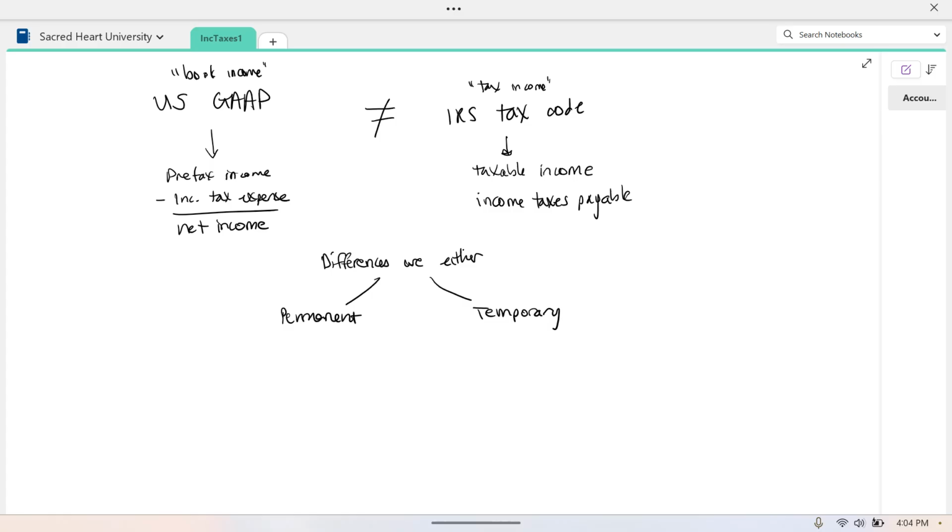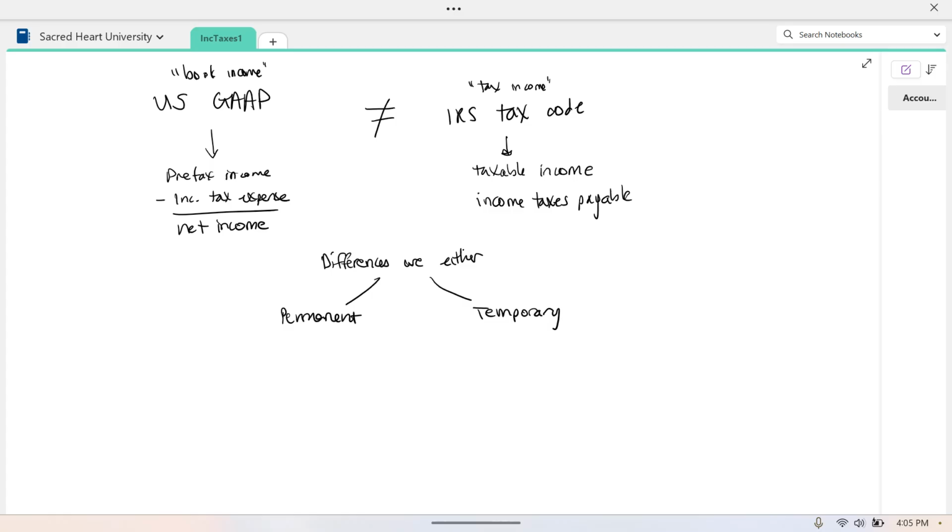So compared to using straight line in, let's say, year one of an asset's life, you would see lower depreciation expense on the income statement, and that would give you higher pre-tax income on the income statement, and lower taxable income on the tax code. But depreciation is just an allocation of the cost over time.